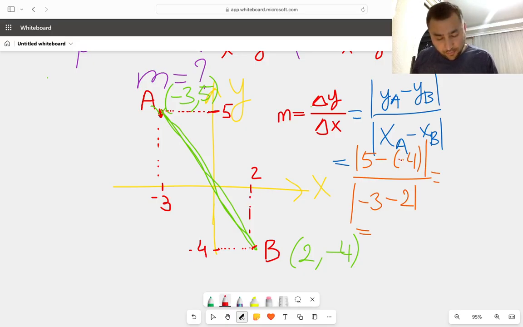So 5. I'm changing the color because I don't want it mixed with the top equation. So 5 plus 4 divided by minus 3 minus 2 again. So 5 plus 4 is 9.